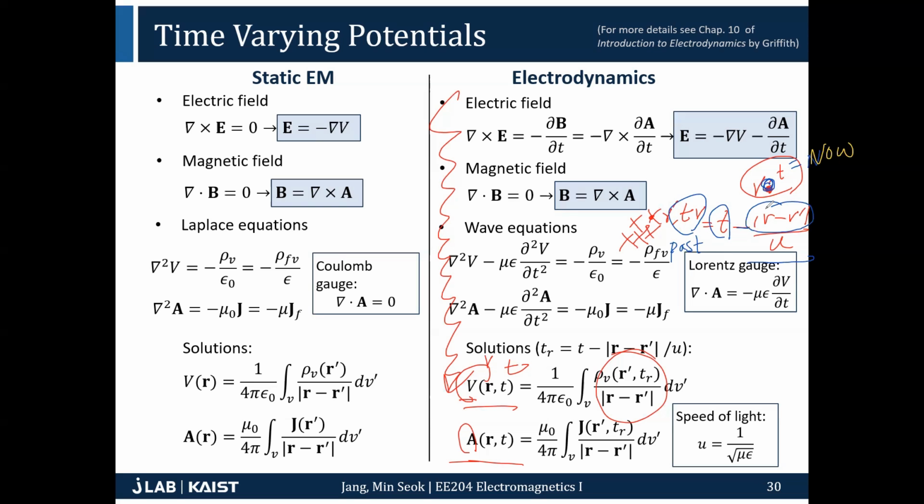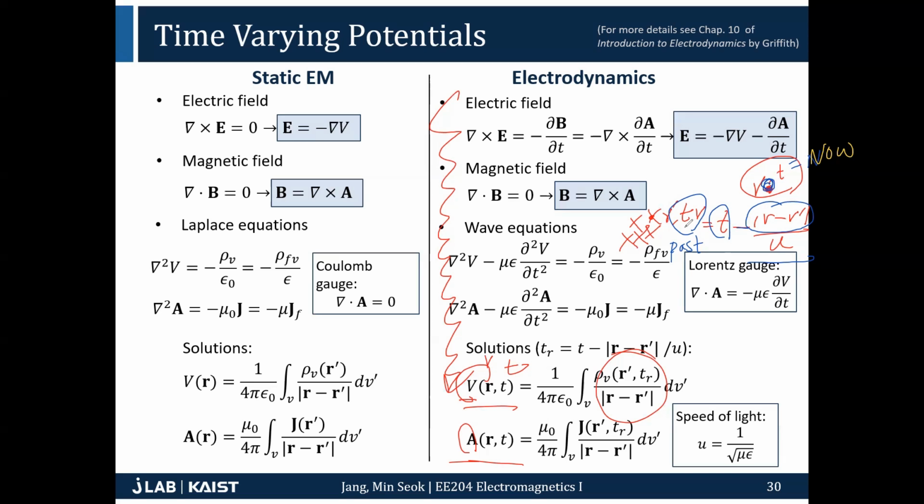Sources are the cause, and fields are the outcome, the result. If there's a distance between the source and the result, then there should be a time difference, because nothing can be faster than light. So the distance divided by u means the time it takes for light to travel from the source position to the point of interest.